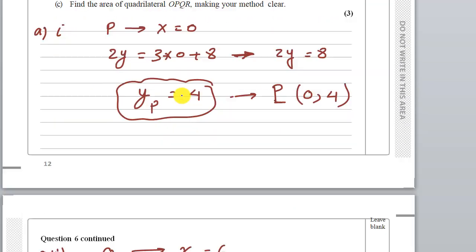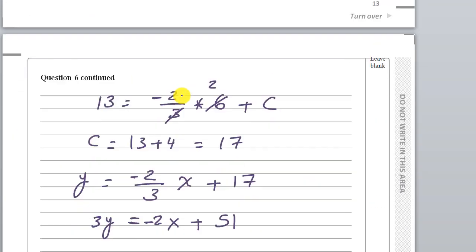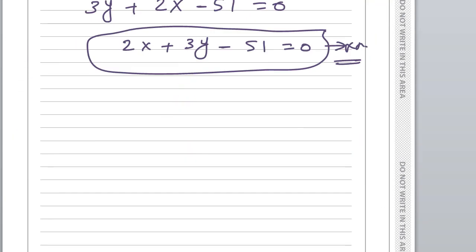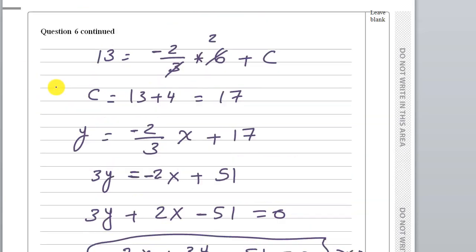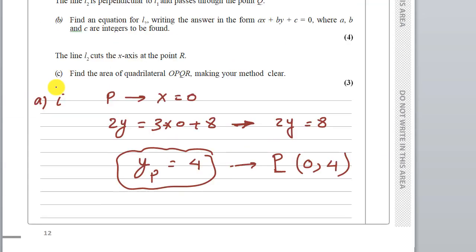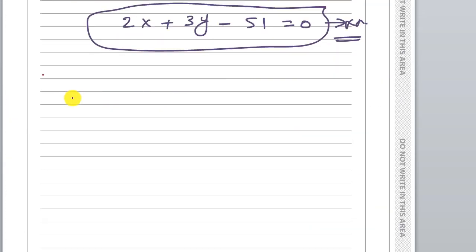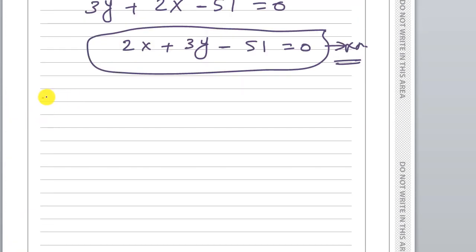So for the coordinate of R, y equal to 0. So here, this is part C. For R, y equal to 0.